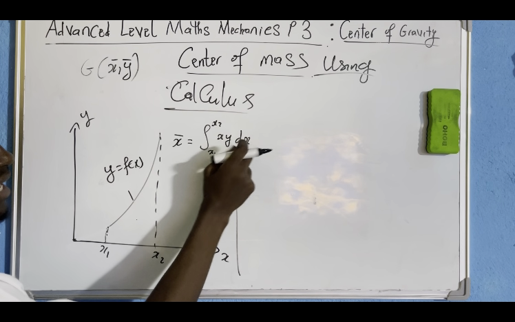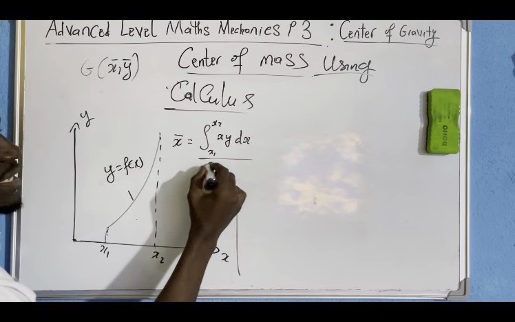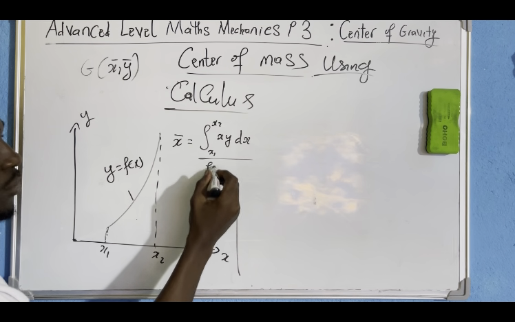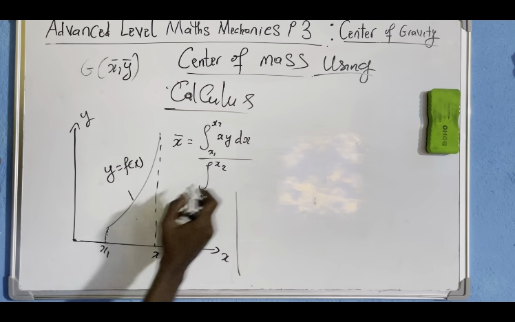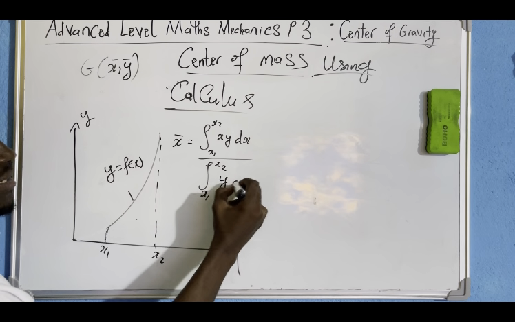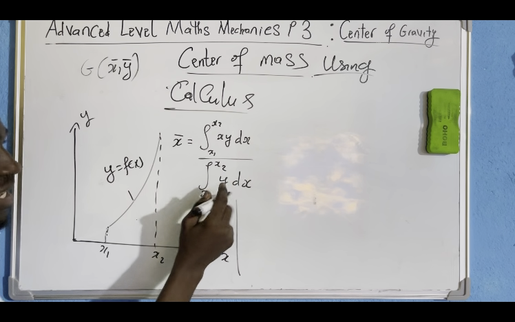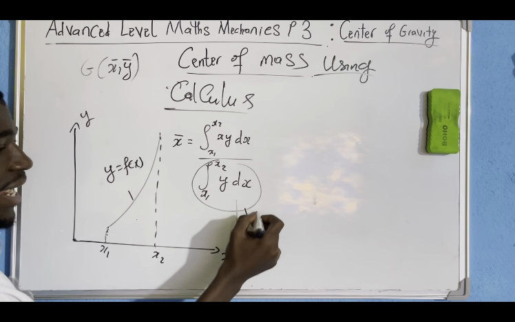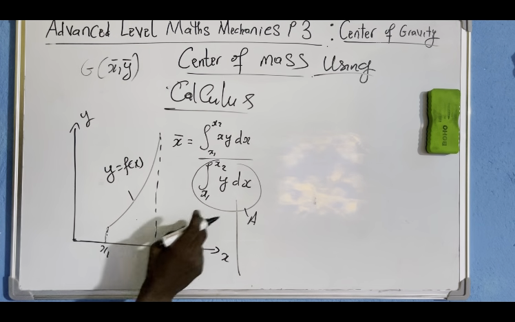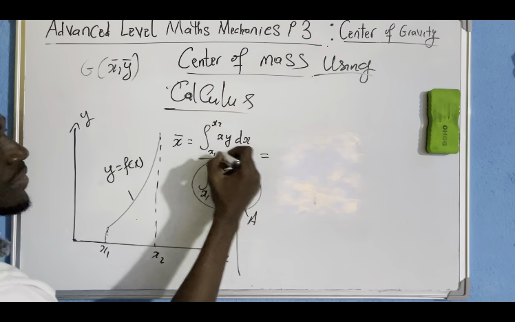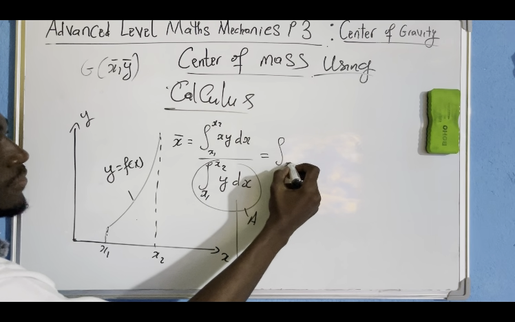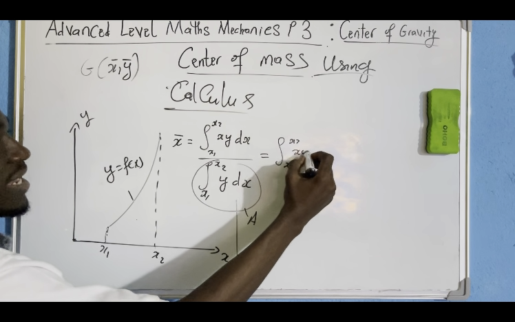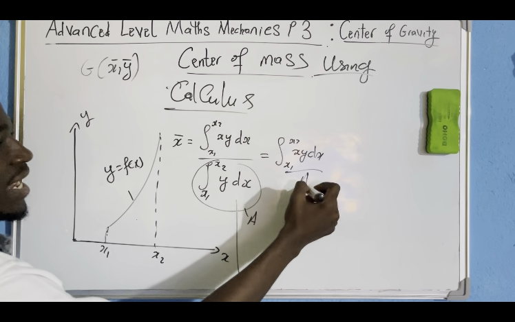Therefore, I divide by the integral from x1 to x2 of y dx, which is the area under the graph. So x bar is simply the integral from x1 to x2 of xy dx all over the area under the graph.